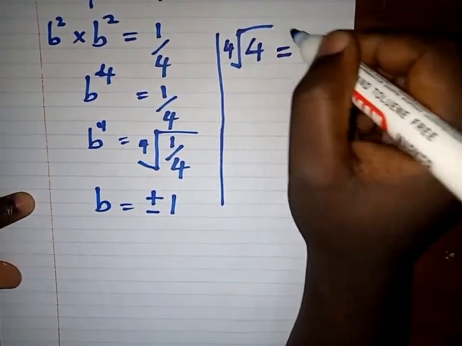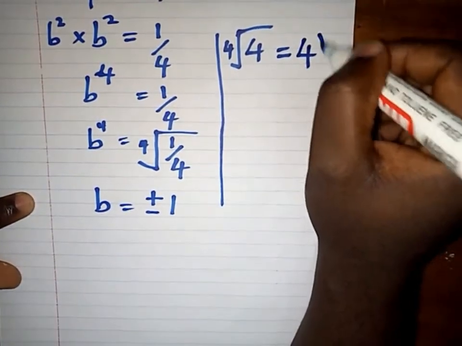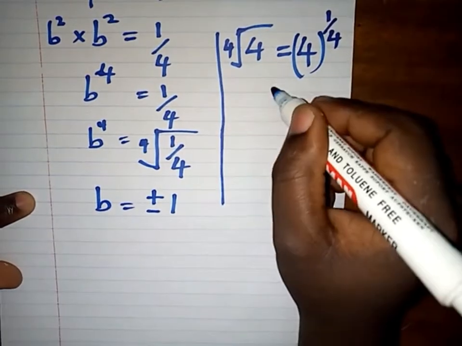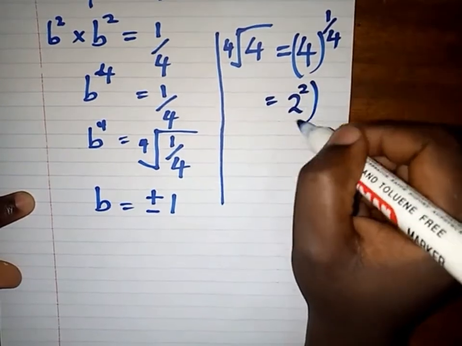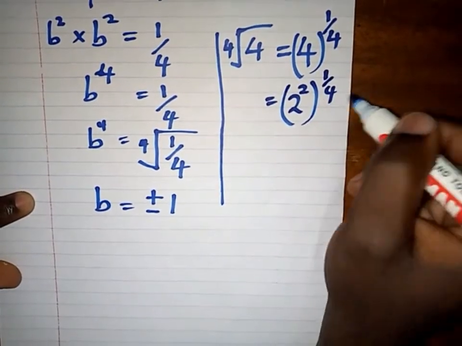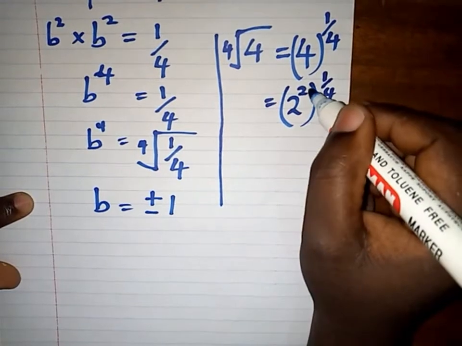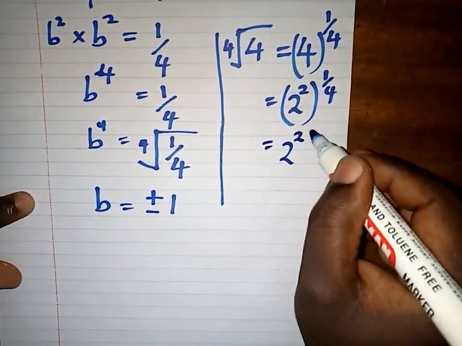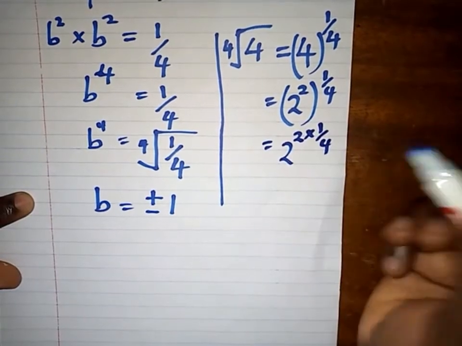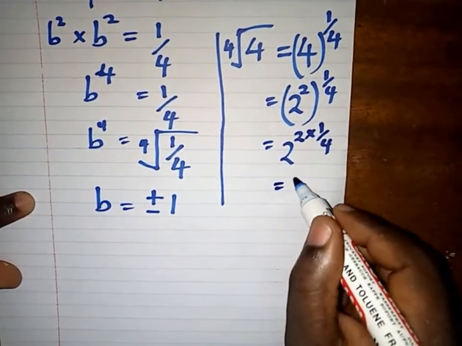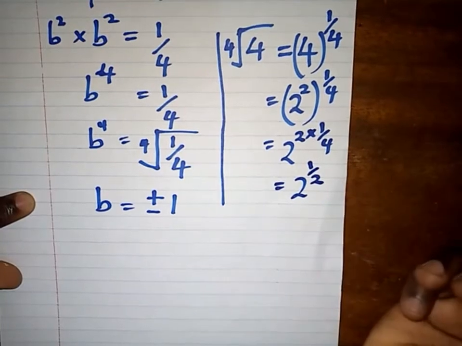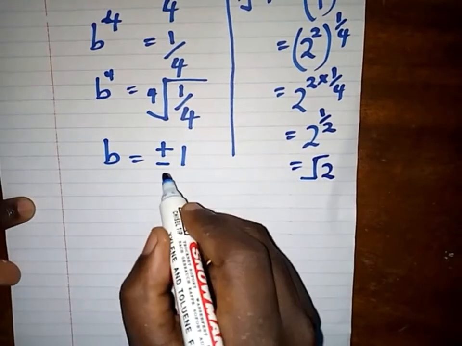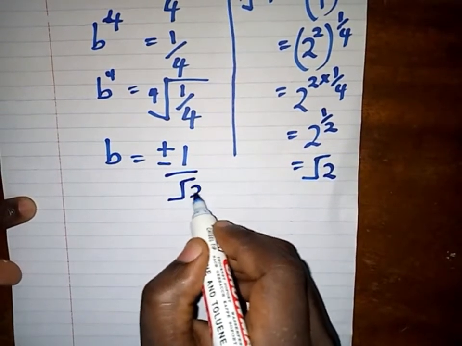This is the same as 4 to the power 1 out of 4, and this 4 is the same as 2 squared, to the power 1 out of 4. Remember here, this is a bracket. It means you can apply it 2 times this 1 out of 4, same as 2 times 1 out of 4. So this will cancel and remain with 2 to the power half. So this is the same as root 2.